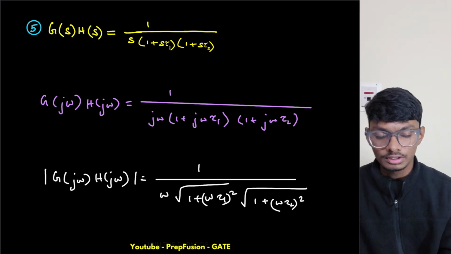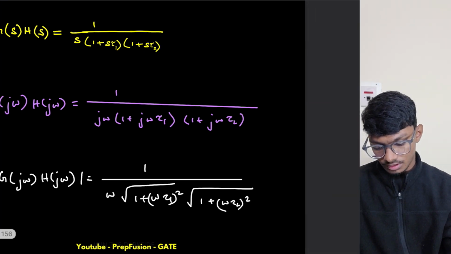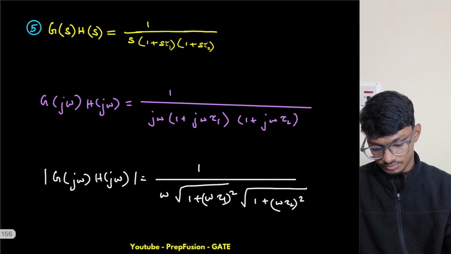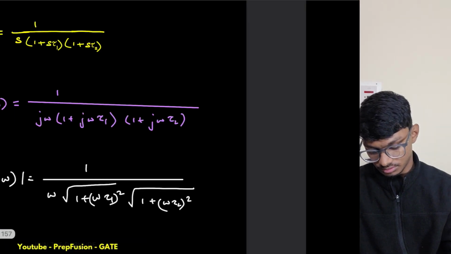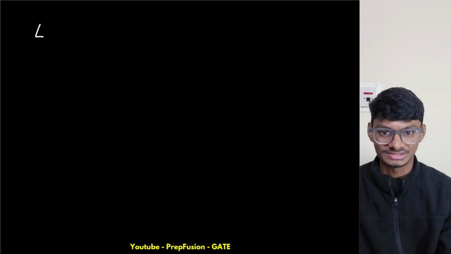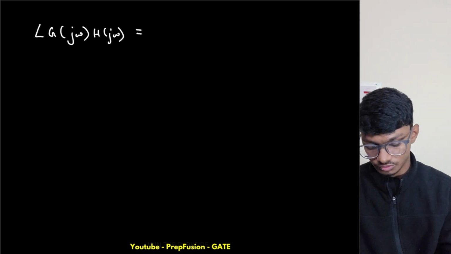Now let's find the angle of this one. I'm doing it directly now. I'm not explaining anything because we have done this multiple times, and that will just waste our time. G of j omega, H of j omega.